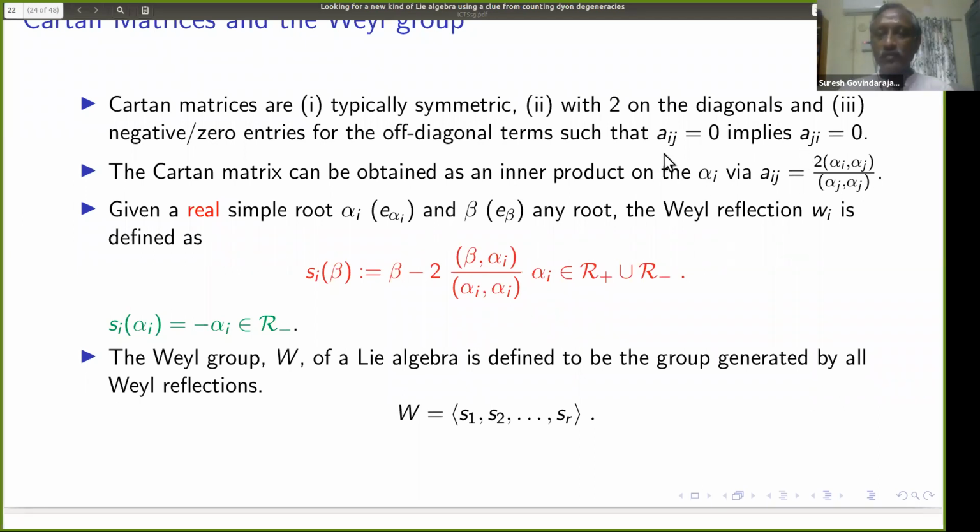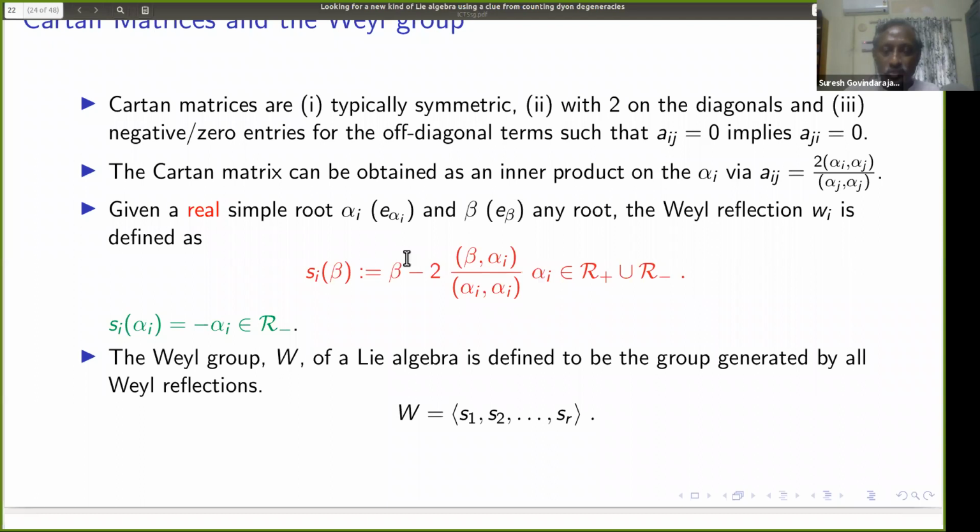So you can see if all your simple roots have norm 2, this 2 will cancel with the denominator. It's just the inner product of alpha i, alpha j. So for every real simple root, you can define a reflection, which acts like this. It is just like taking a vector, projecting its component onto alpha, and inverting that.